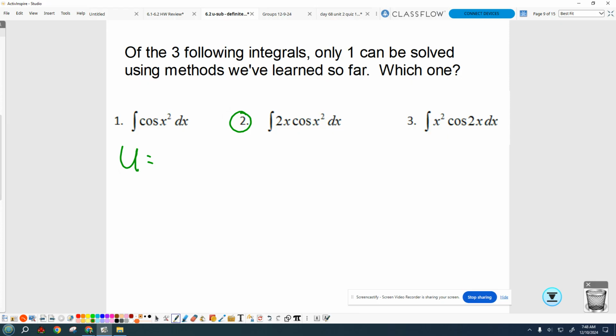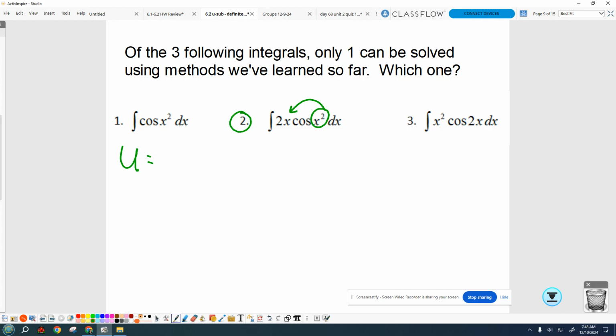Oh, x squared, because the derivative of x squared is like this. The other hint is, do you see the derivative of something sitting around, nearby?